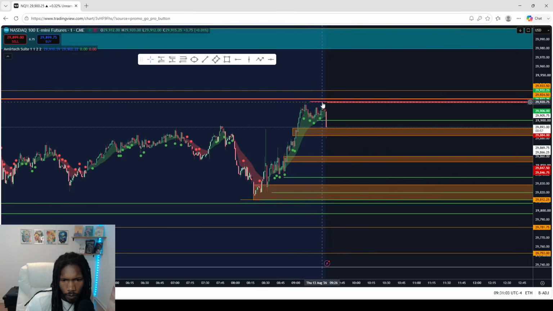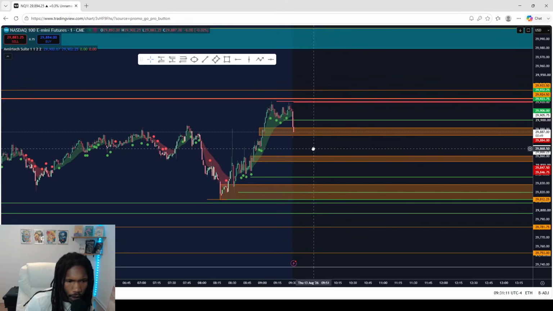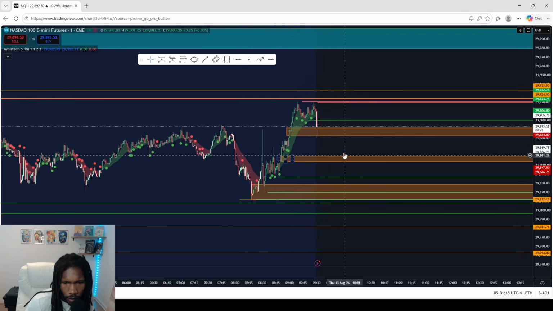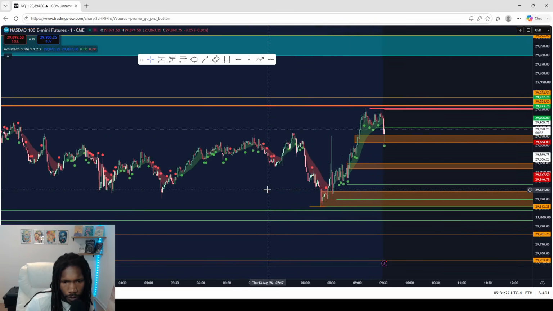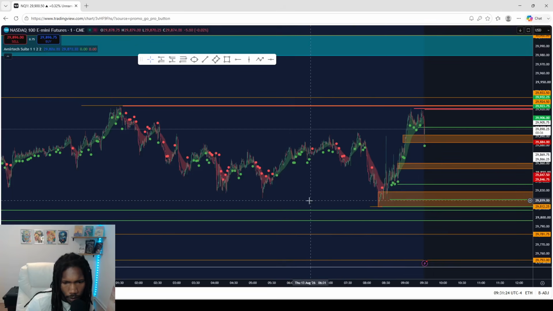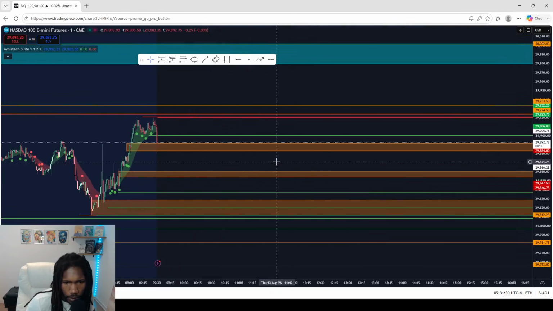So we have some liquidity up here being created. We have a nice wick off of this continuation order block pattern. Nice little candlestick pattern. I consider that a continuation order block. We do have a lower low, but price created a higher high. Let's see, can we get a pullback?